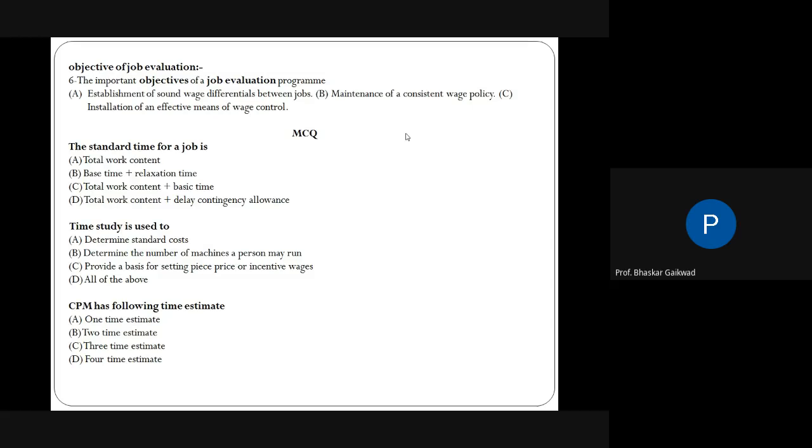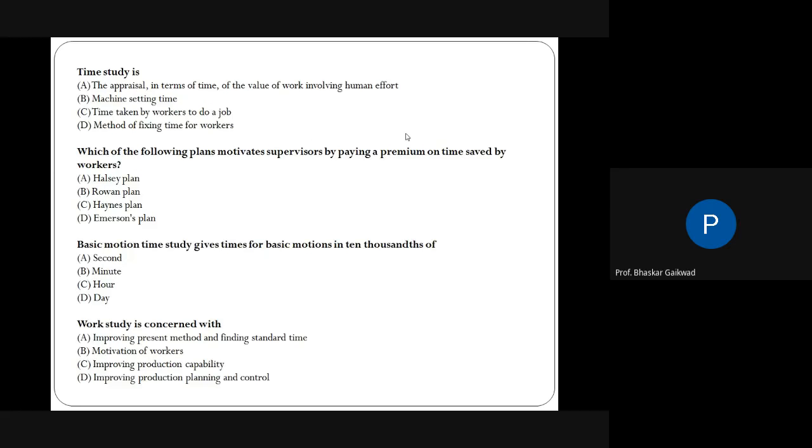Once again, you can see the second section, the third chapter on CPM. Then time study is the appraisal in terms of time, value of the work in human effort, machine setting time, time taken by the worker for the job, and a method of fixing time for the worker.